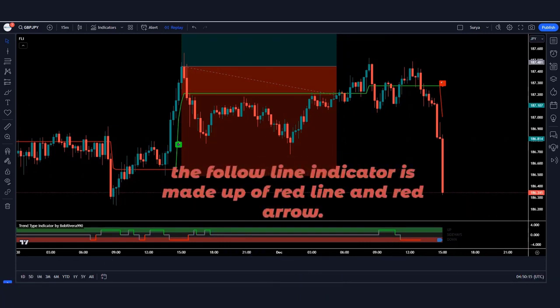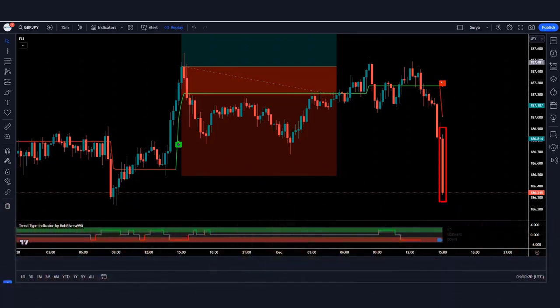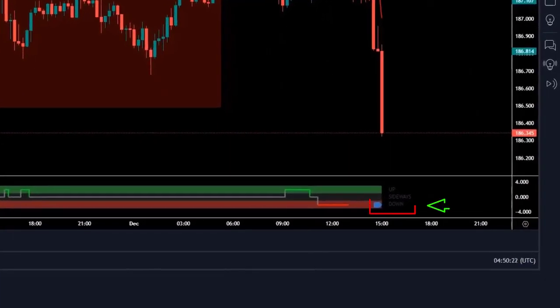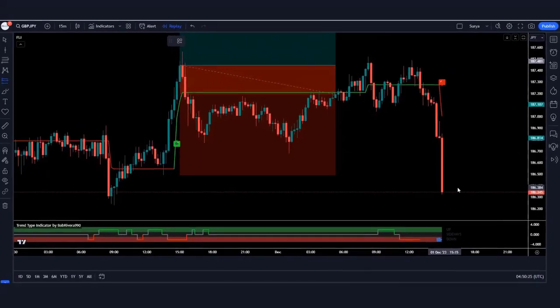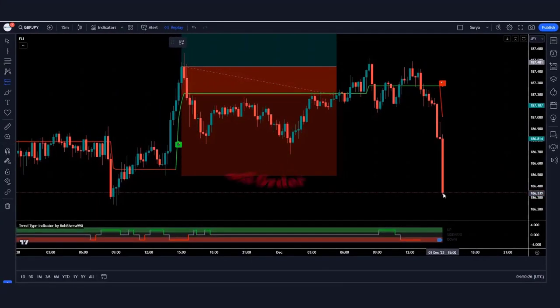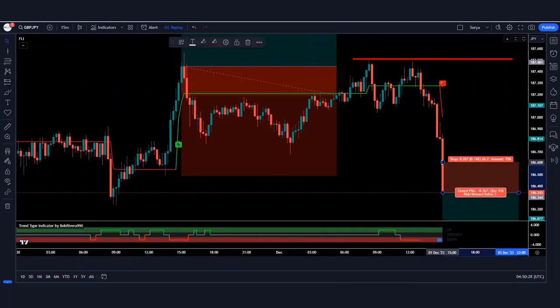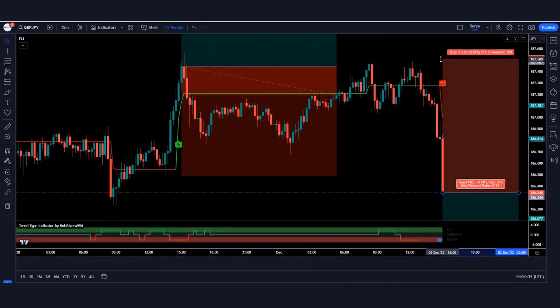Here the follow line indicator is made up of a red line and red arrow. And the market has created a bearish candle. And the trend type indicator has created a downtrend. If this condition is fulfilled, so we will place a sell order. And stop loss will be kept at the last high.